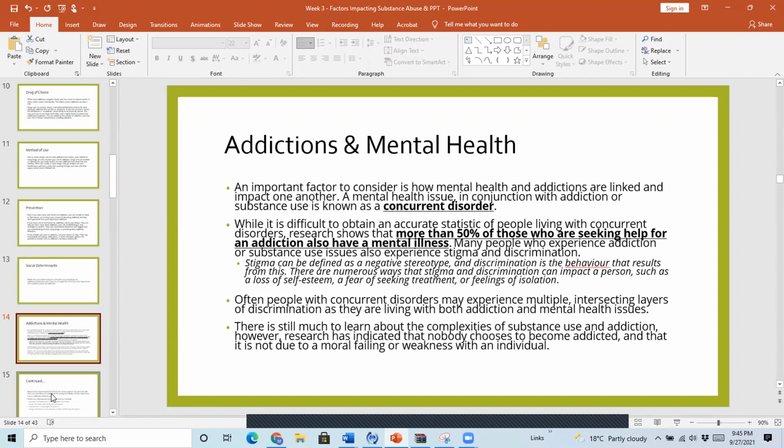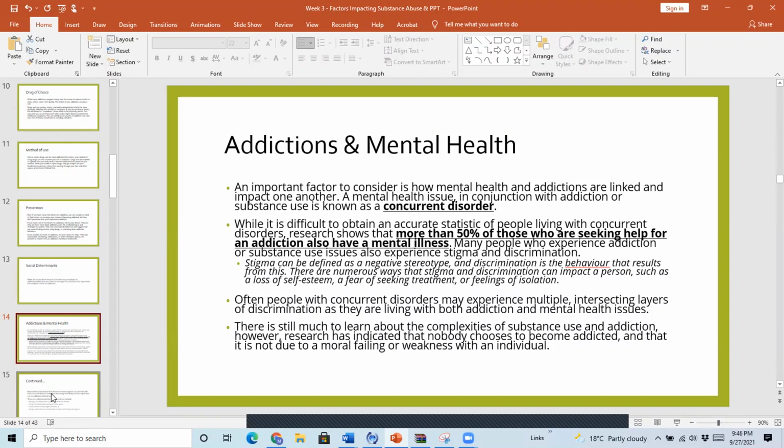That's the reason why they're treated almost simultaneously. Before, we talked about it as a dual diagnosis, but it can also be termed a concurrent disorder. Sometimes it can be very difficult to figure out how many people are really experiencing addiction and mental health issues because it's so underreported.